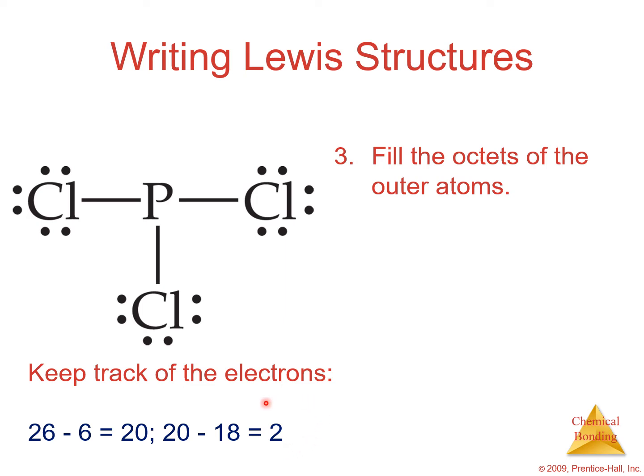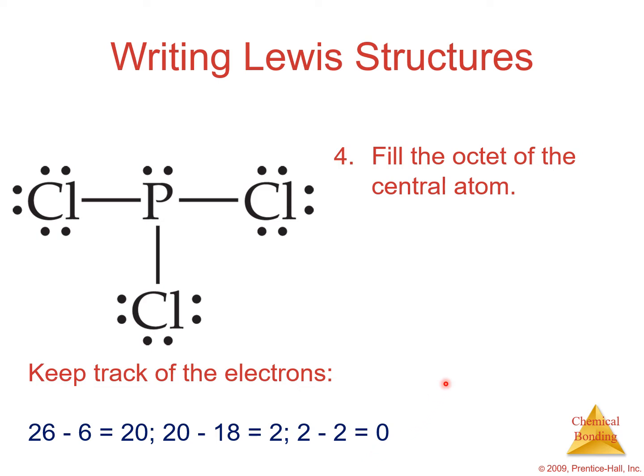Now place any leftover electrons on the central atom here, even if doing so results in more than an octet of electrons around the atom. So you see here, 2 minus 2 is 0.